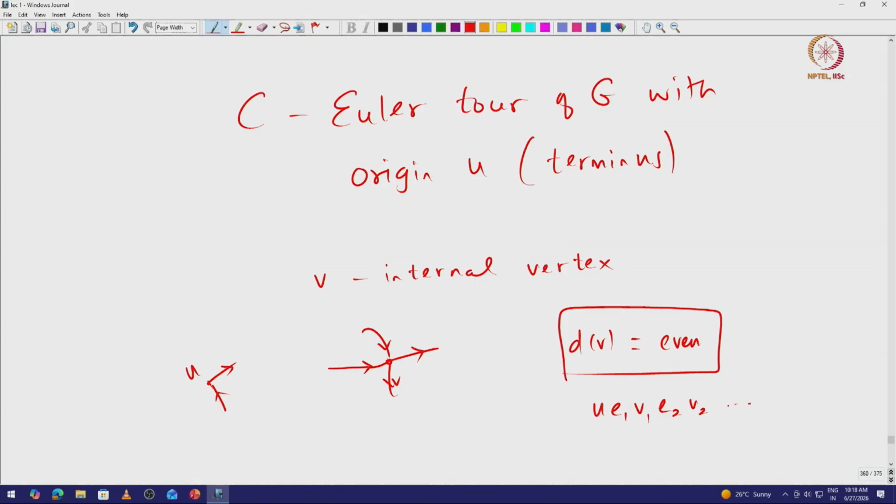So, for an internal vertex V, you have an incoming and an outgoing edge, and pairing them gives even degree. Similarly, the origin U starts and ends at U, so the degree of U must also be even. This proves that G has no vertices of odd degree.